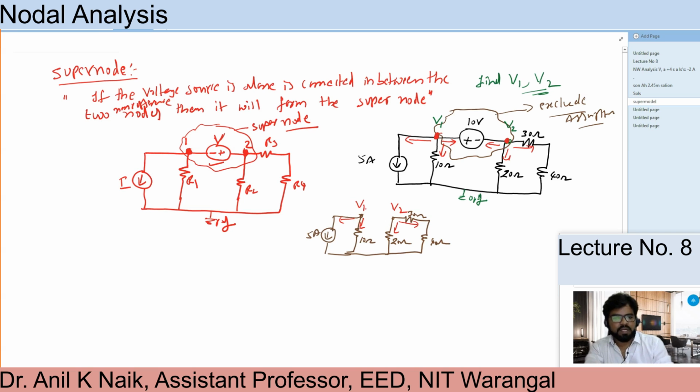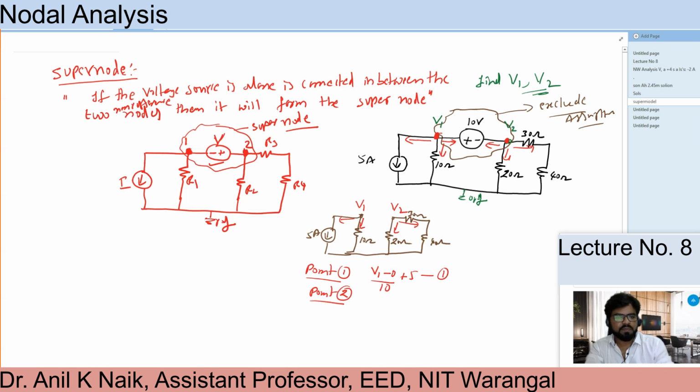Now I will write the equation with respect to node 1. What is the equation at node 1? I can write (V1 minus 0) by 10 plus 5. This is one equation I'm getting. With respect to this other point, what is the equation?